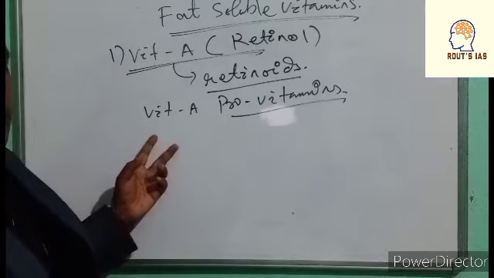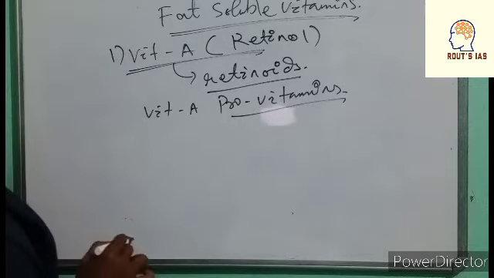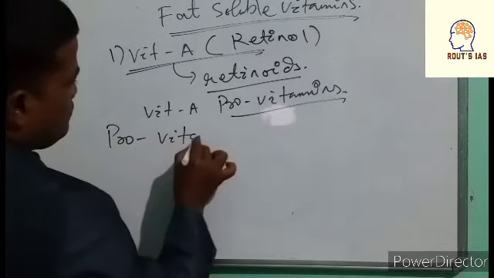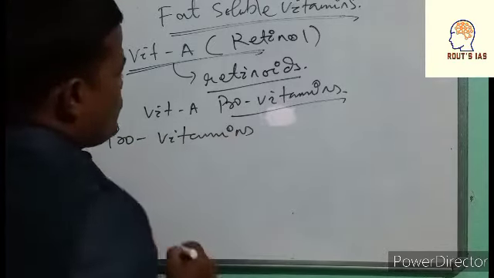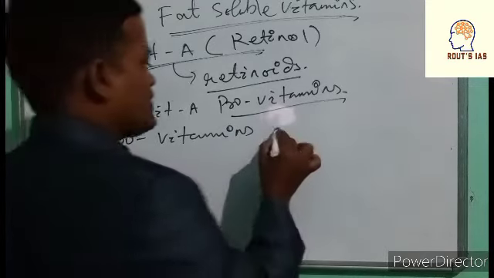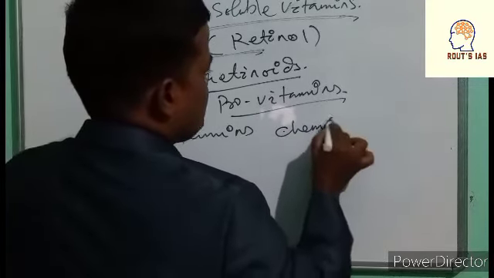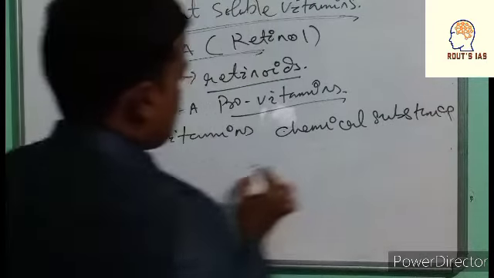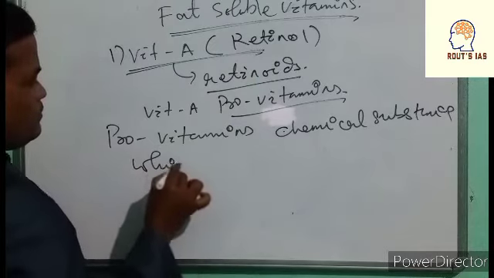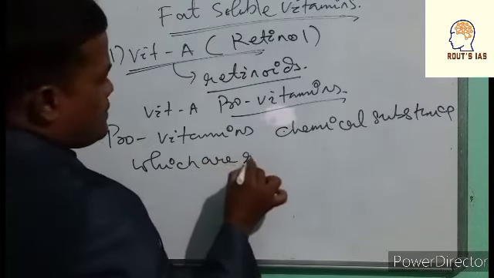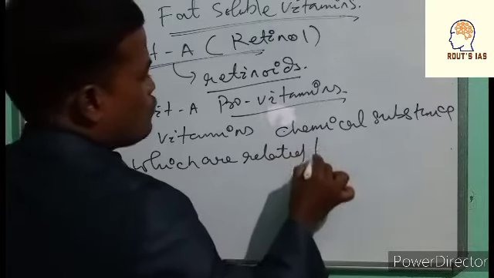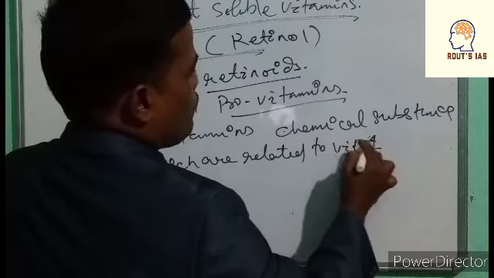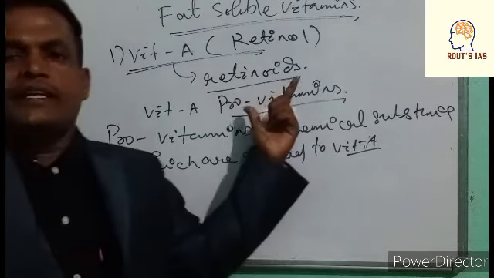Provitamins are chemical substances which are related to vitamins, that is vitamin A. Vitamin A is called retinol.